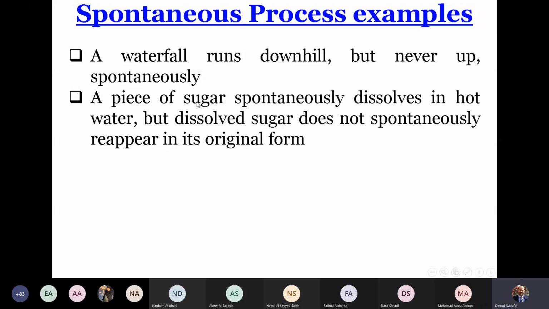If you take a piece of sugar and you dissolve it in hot water, what are the conditions? The condition is hot water, so the temperature is high. If you put a piece of sugar in hot water, the dissolution of the sugar is spontaneous. It will dissolve directly at the given conditions.